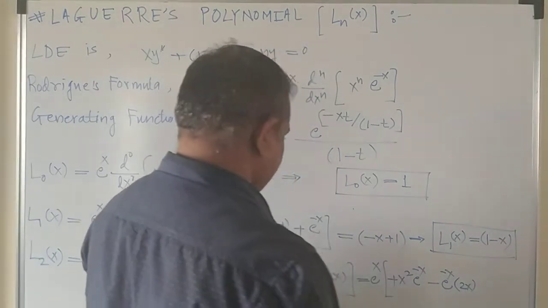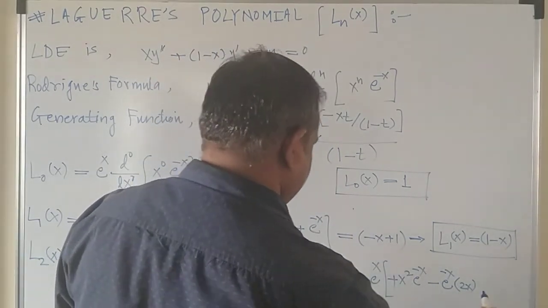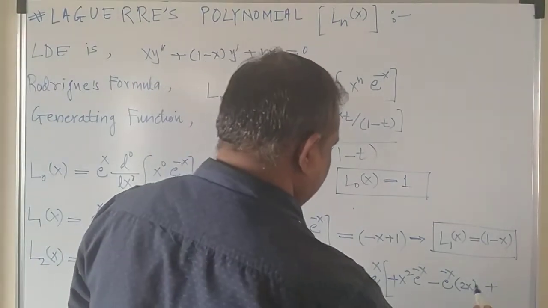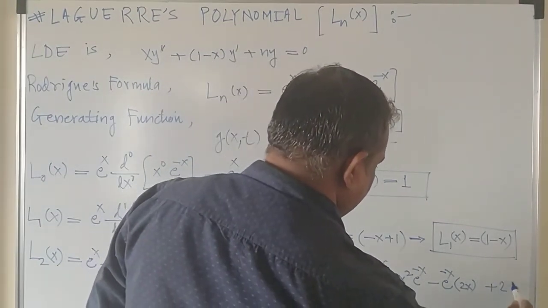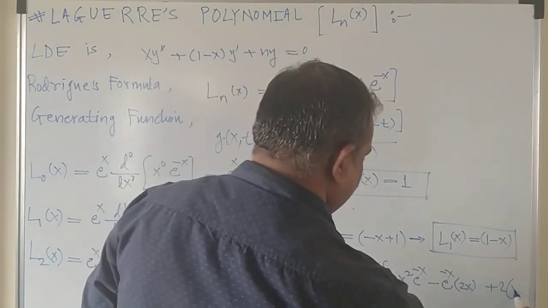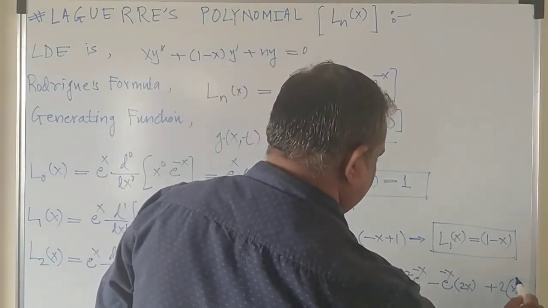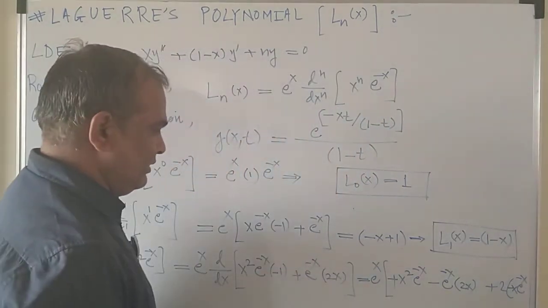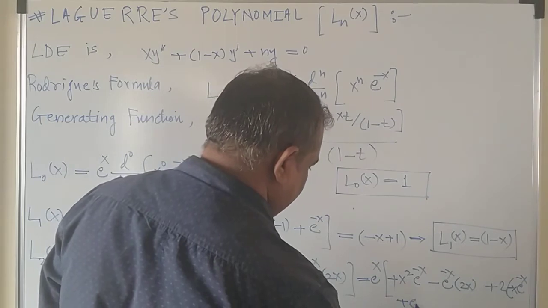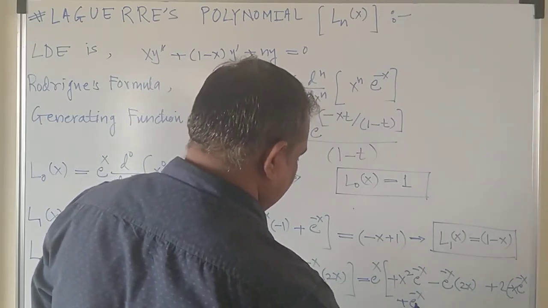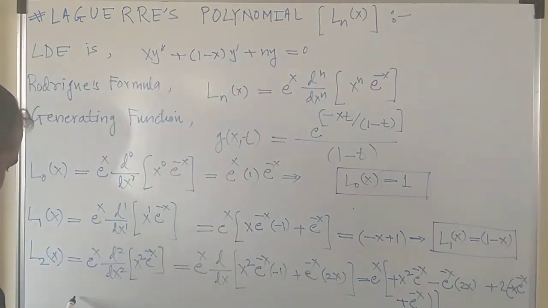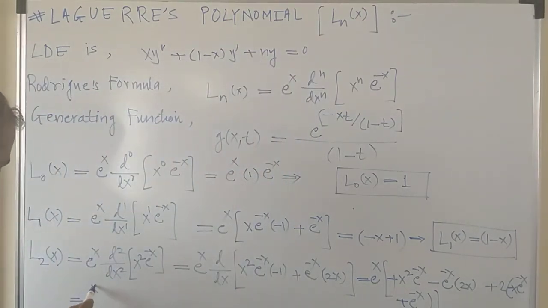This is over. Now go for this, and there is a positive sign here, so 2 is outside, I will write 2 outside the bracket, and first function into differentiation of second, that means with negative sign, first function into differentiation of second plus second into differentiation of first is 1, so this is over.